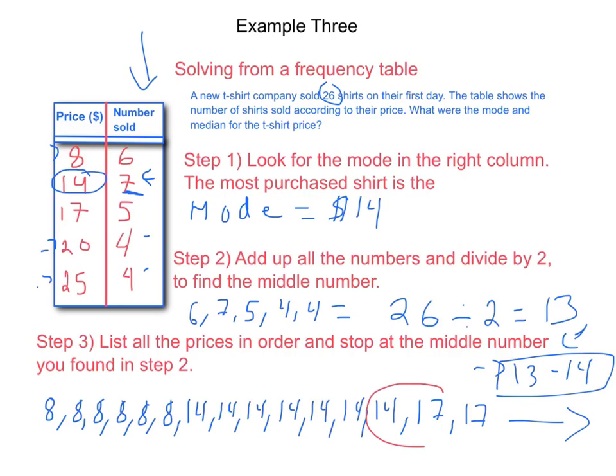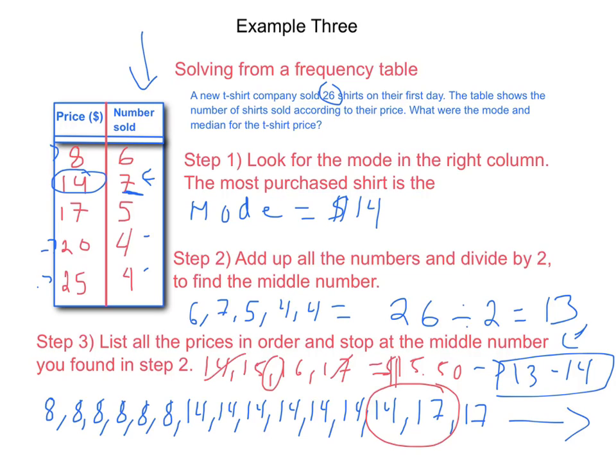Right in between these two numbers is our median. So what is right in between those two numbers? The exact midway point of 14, 15, 16, and 17. Well, if we cross them out, it's right in the middle, which becomes $15.50.